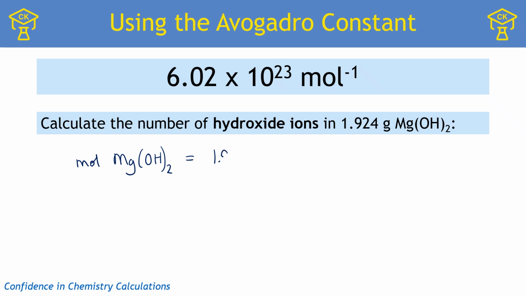So I'm going to do 1.924 divided by the mass of 1 mole of magnesium hydroxide, which is 58.3, that's my Mr, and that gives me 0.033 moles. Now that's the moles of the whole substance, but when I look at the formula of magnesium hydroxide, I can see that for every 1 mole of Mg(OH)2, there are actually 2 moles of hydroxide ion present there.